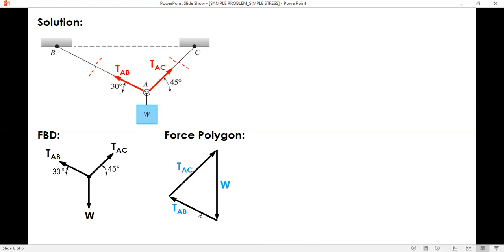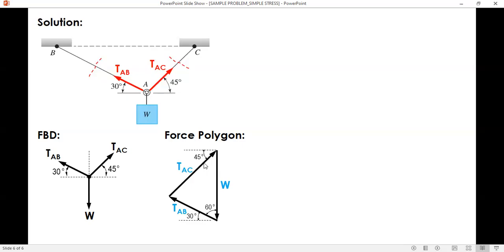Next is to determine the interior angles of the triangle. Now let us start with TEB. The direction of TEB with respect to horizontal is 30 degrees. So therefore, this interior angle is equal to 60. Similarly for TEC, its direction from the horizontal is 45 degrees.